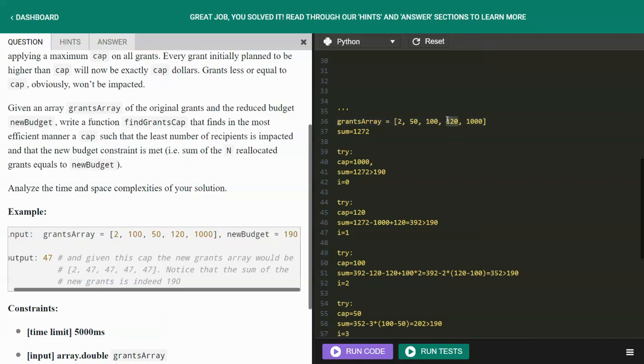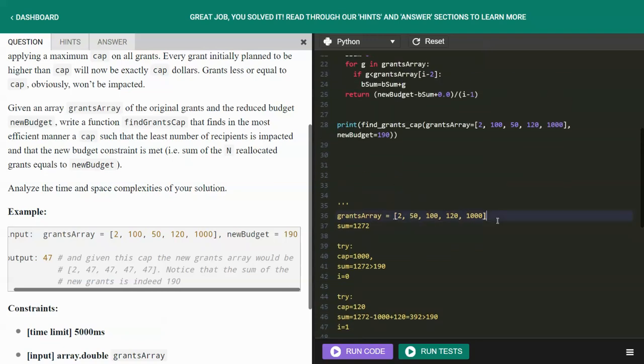Then we lower it down to here, or lower it down to here, and all these people will be impacted, but not the people below it. So that's why we have to search from the highest amount to the lowest amount for the cap rate. And the first thing to do that is to sort the array.